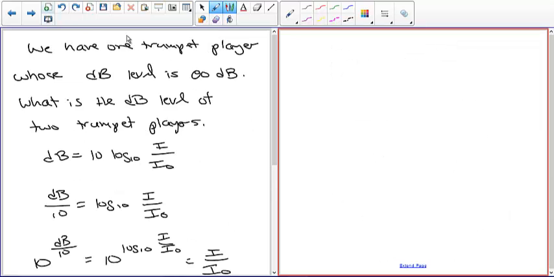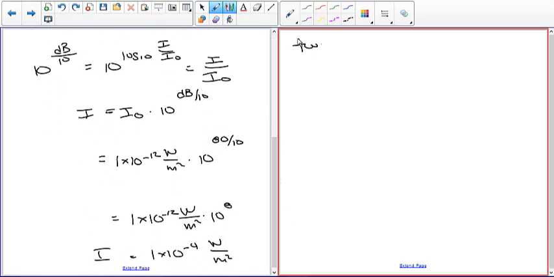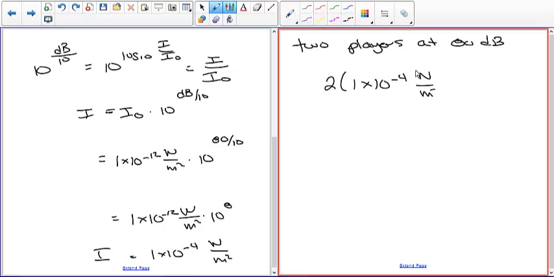To find the intensity of two trumpet players, you just add the two intensities. So two players at 80 decibels is going to be 2 times 1 times 10 to the minus 4 watts per meter squared, which is 2 times 10 to the minus 4 watts per meter squared. Now we convert back to decibels.